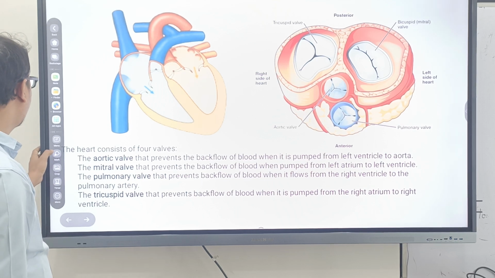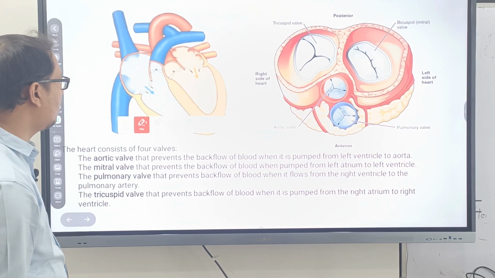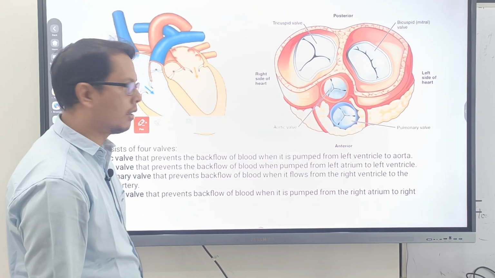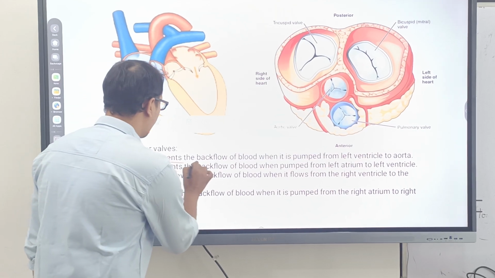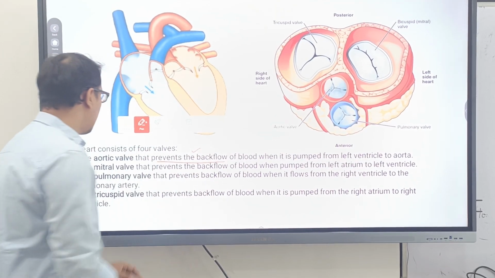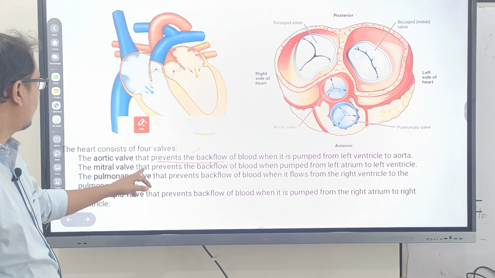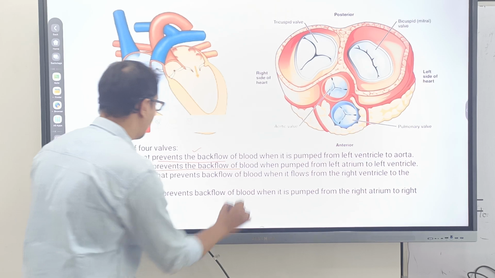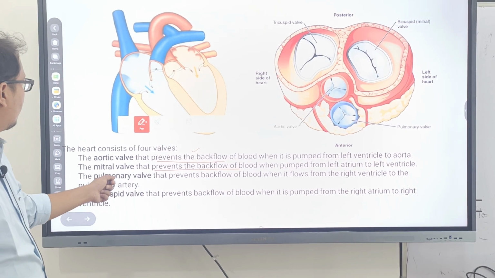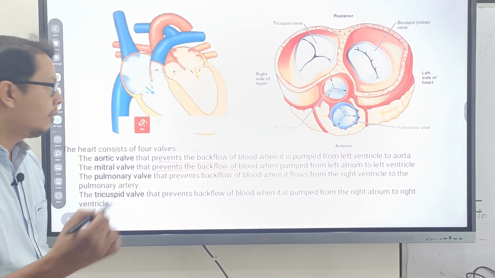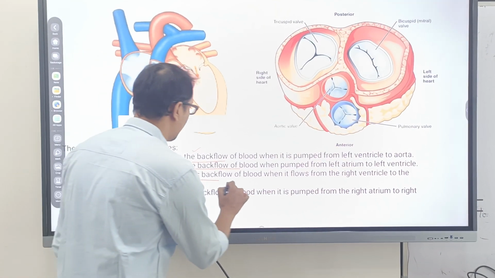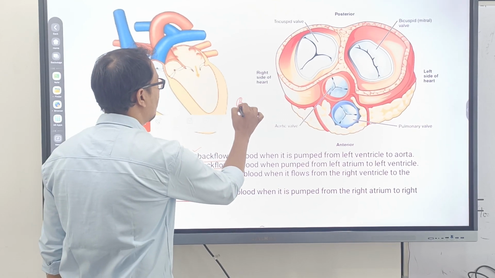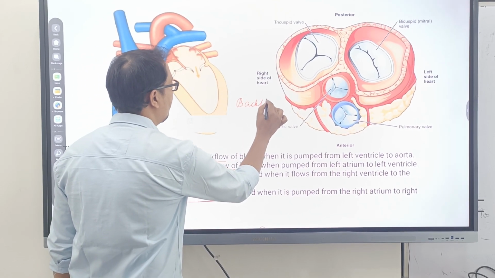The aortic valve prevents the backflow of blood when it is pumped from the left ventricle to the aorta. The mitral valve prevents the backflow of blood. Similarly, the pulmonary valve prevents the backflow of blood. So one thing is common: it prevents the backflow of blood.